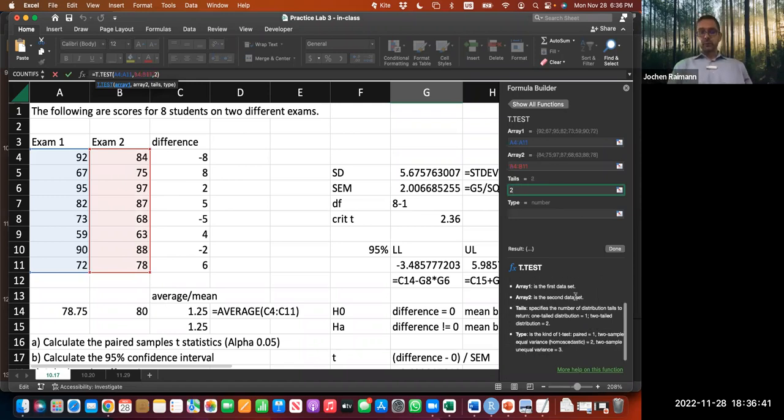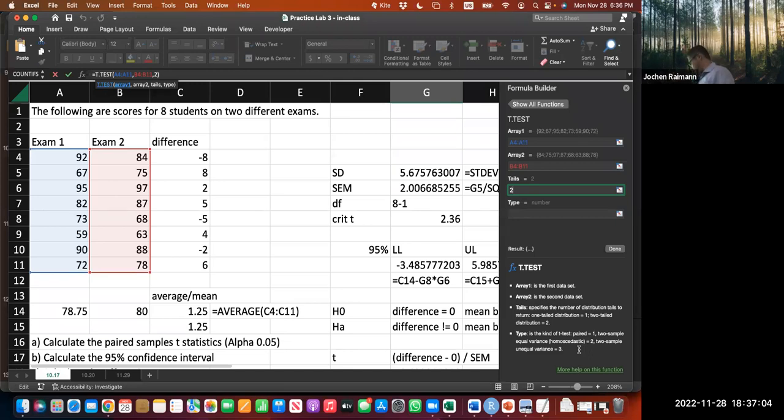And then we need to determine the type. And this is a little trick here. So here we have 3 entries, and I think we talked about this last class, right? So we have 3 possibilities what to enter. We can say it's a paired test, then we enter 1. We can say it's a 2-sample t-test with an equal variance, homoscedastic.